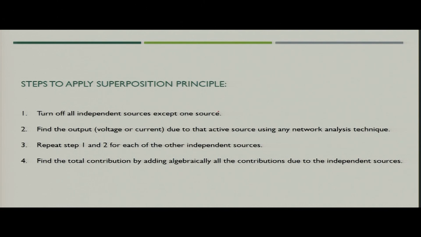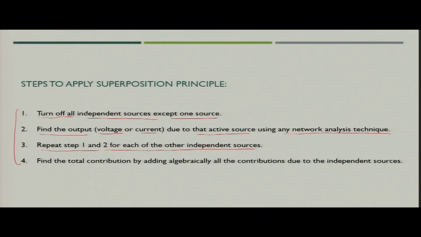So, in summary, for applying the superposition theorem, you will first turn off all the independent sources except one, and find the output, that may be the voltage or current, due to that active source using any network analysis technique, that can be simply Kirchhoff's voltage or current law, or maybe nodal or mesh analysis. Now, you will repeat steps 1 and 2 for the other independent sources.